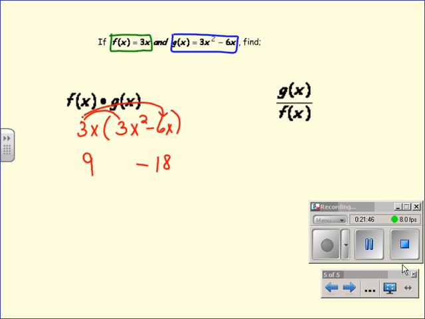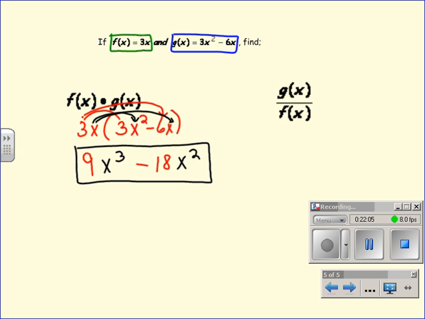Then I can distribute my variables. X times x squared, I add those exponents together and I get x cubed. And then x times x is x squared. I look to see if it's in standard form, and it is. So f of x times g of x is just 9x cubed minus 18x squared.